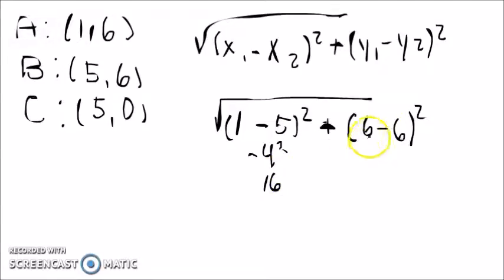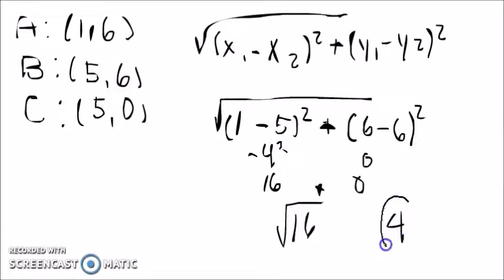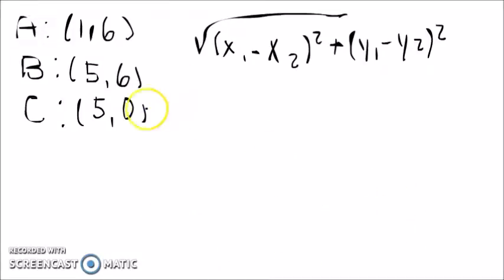And then let's do the other side. 6 minus 6 is 0. 0 squared is 0. So 16 plus 0 is 16, under the square root. The square root of 16 is 4. So line AB is a measurement of 4.